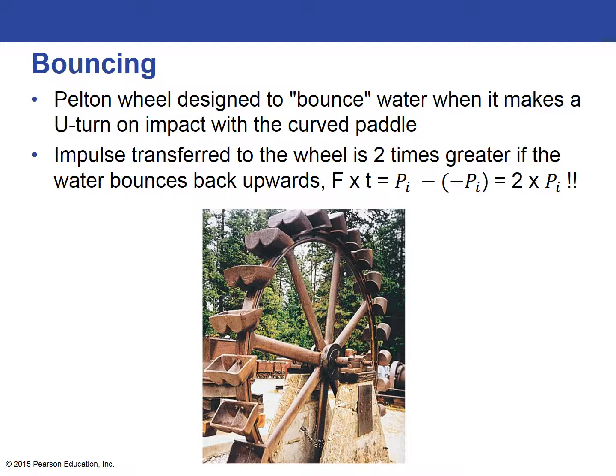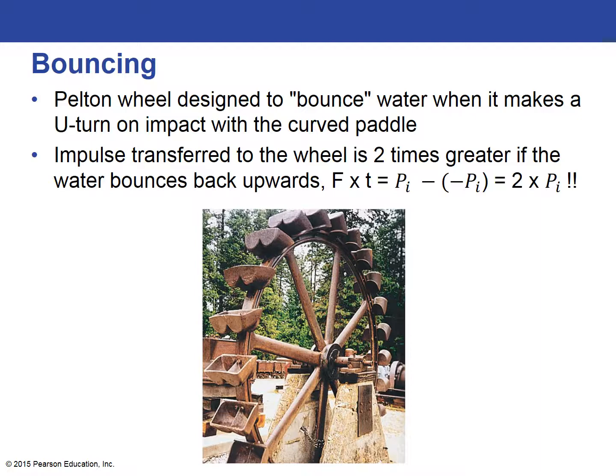So, as shown here, if P sub i is the initial momentum of a drop or a quantity of water onto the paddle, then that drop will bounce back up upon hitting the paddle, and therefore the change in momentum will be twice the initial momentum of the particle. That means that it can impart a greater force onto the paddle itself, therefore causing the wheel to turn faster.